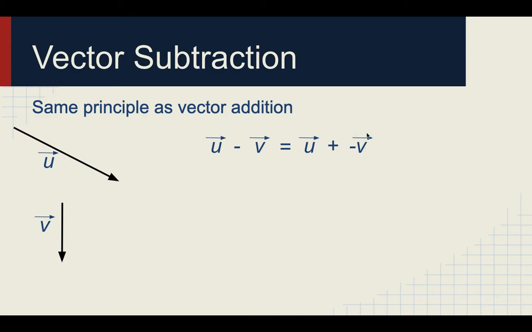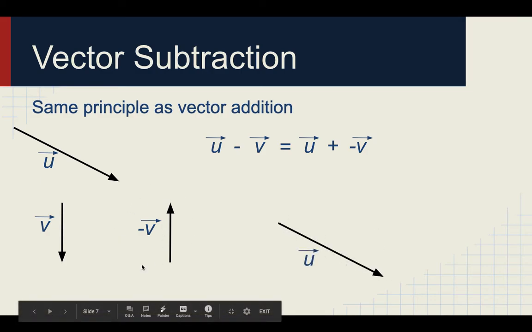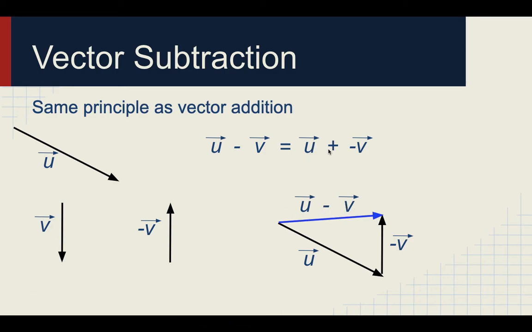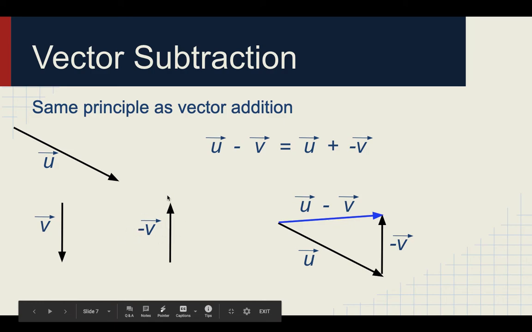Well, all we need to do is do -1 times v, and now we're doing just u plus -v. So we take u and we add it to this -v, using the tip to tail method here. We're adding u to this -v, and then the resultant vector is just that. So that would be u minus v, the same thing as u plus -1 times v.